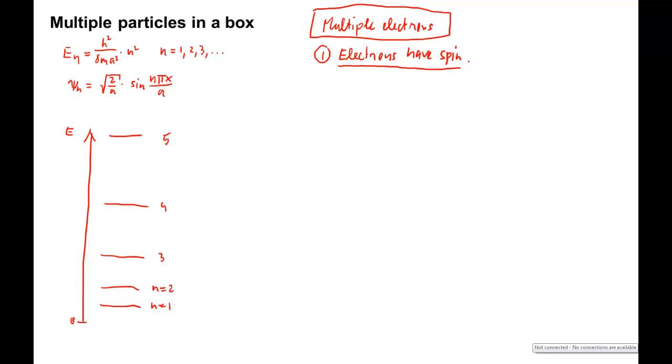Spin is an intrinsic angular momentum. Visually, you can imagine the electron as a tiny ball that spins around itself. It can be either in a spin up or in a spin down state.